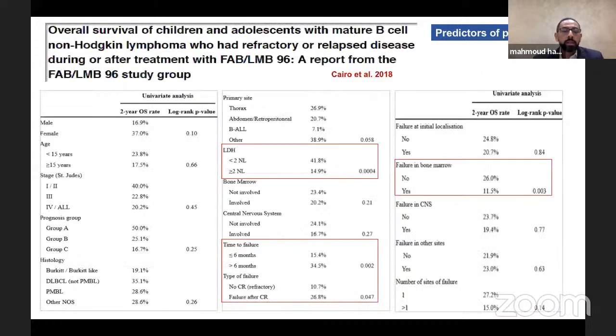In this slide, the LMB study group has shown in this article many variables that were associated with the outcome, and they discussed that patients who have an LDH higher than 2 folds above normal, patients who relapse in less than 6 months, and those who are refractory to treatment have a very poor outcome compared to other patients, as well as patients who have relapse including bone marrow, who have a 2-year survival of just 10%.